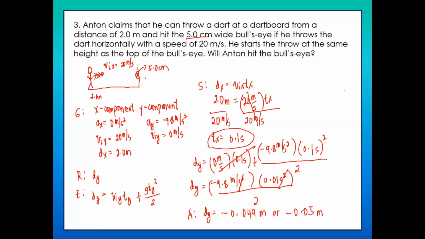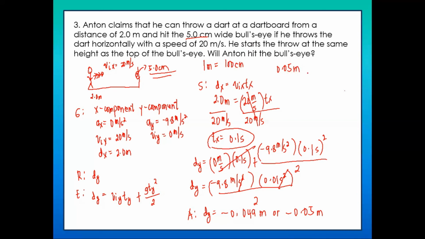Since the size of our bullseye is 5.0 centimeters, how can we make sure that Anton really hit the bullseye? We can convert this 0.05 meters to centimeters. I no longer mention the negative sign because that indicates the direction. In every 1 meter, there are 100 centimeters, so this is our conversion factor.